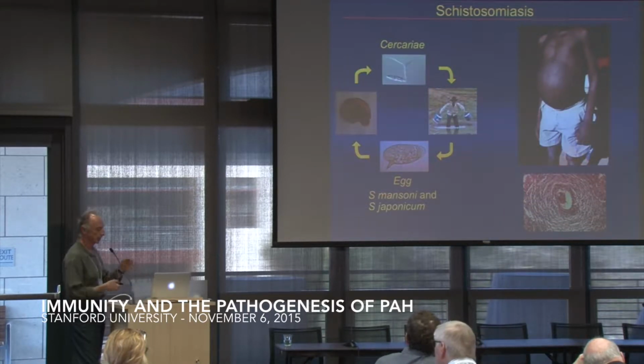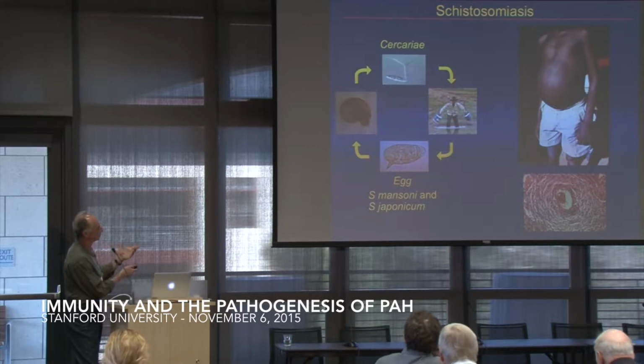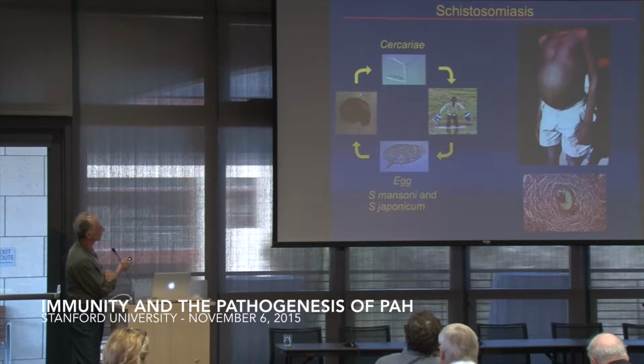In these individuals, they get infected because in the middle of the day, they go to wash things and do the work in the riverbanks, and there is a snail which houses the intermediate form of the parasite.